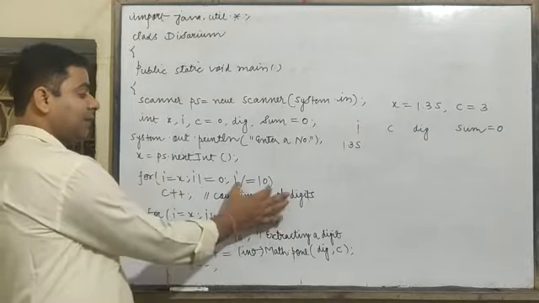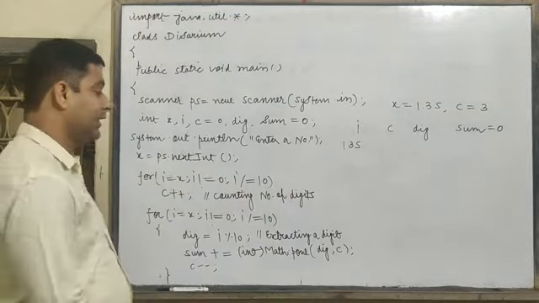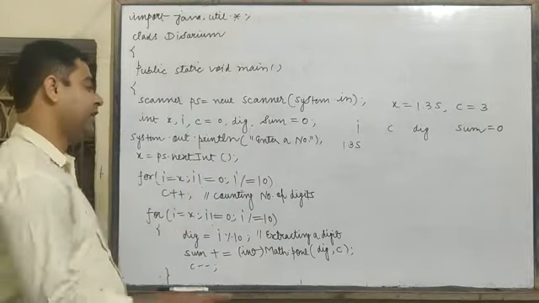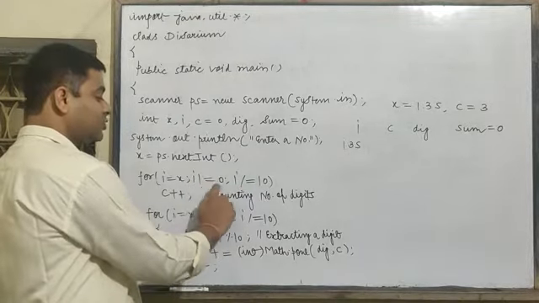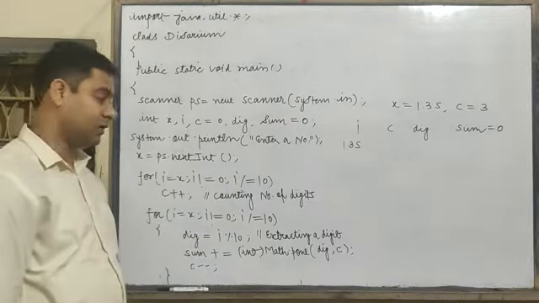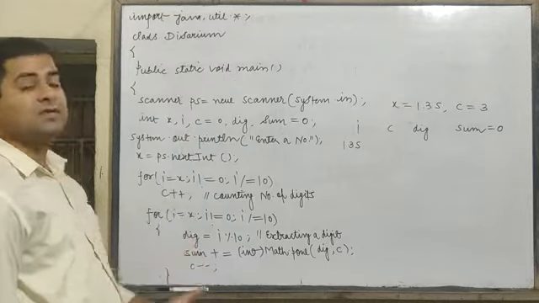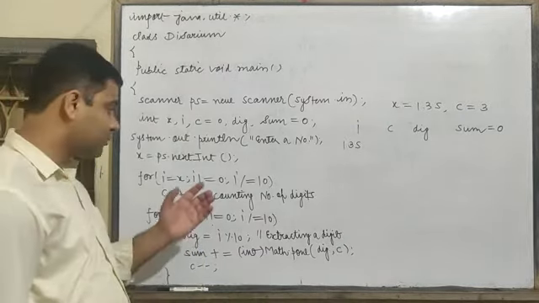Then again the update part: 13 divided by 10 is 1, not equal to 0, so it will come inside. c++, value of c will be 3. Then 1 divided by 10 is 0. 0 is equal to 0, so the condition will be false and it will come out of the loop. After coming out of the loop, the value of c will be 3. In this way we are counting the digits.